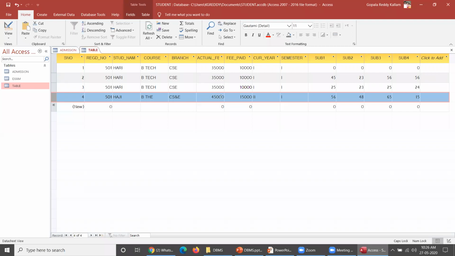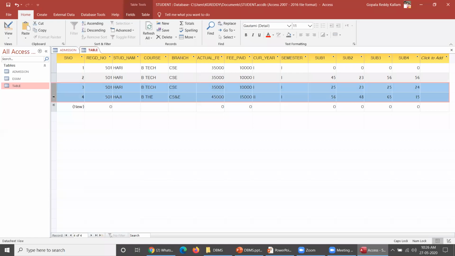We are unable to decide which data is correct. This misunderstanding is called inconsistency. So in these two different situations, redundancy exists, and at the same time inconsistency also exists.